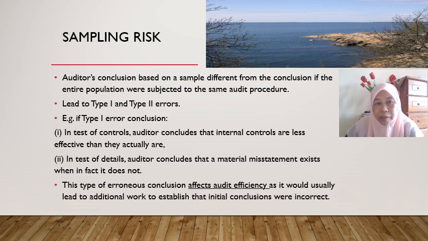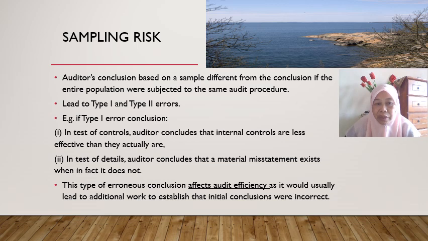There are two types of sampling risk. The first one is type 1 sampling risk, and the second one is type 2 sampling risk. What is type 1? Type 1 is a situation where the auditor carried out the test of control, and the auditor concludes that the internal controls are less effective or not effective than they actually are.